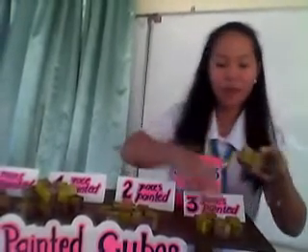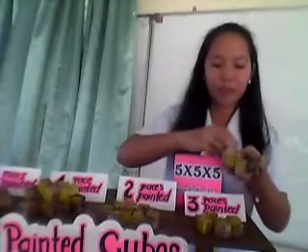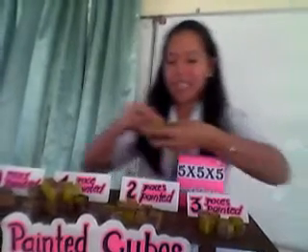How many? So there are 64 1 by 1 cubes in a 4 by 4 by 4 size of cube.